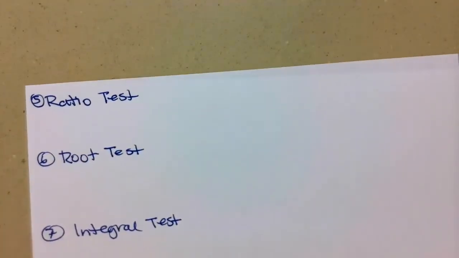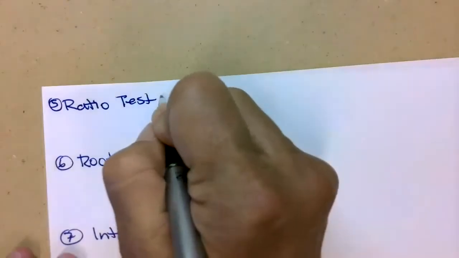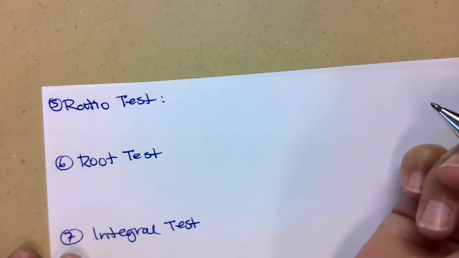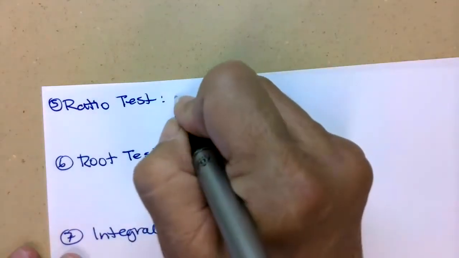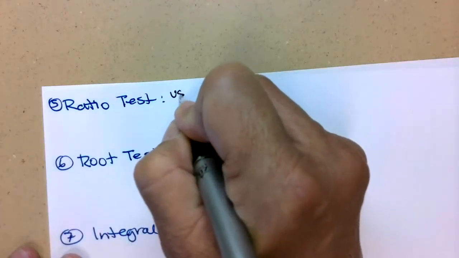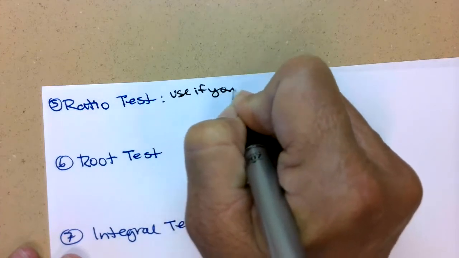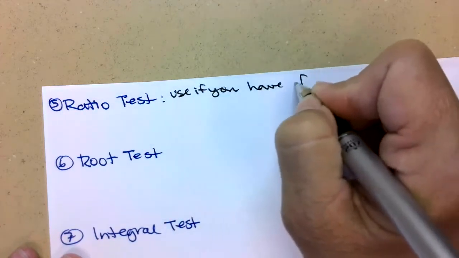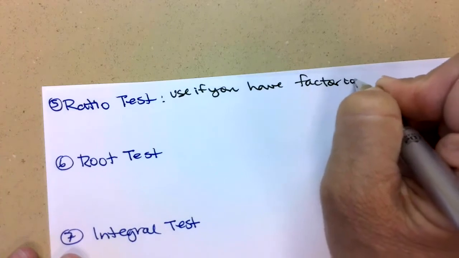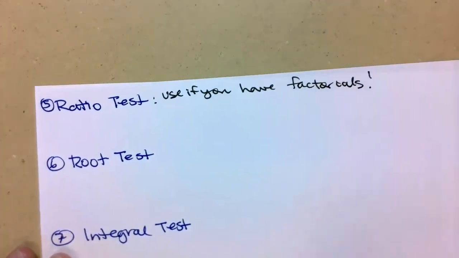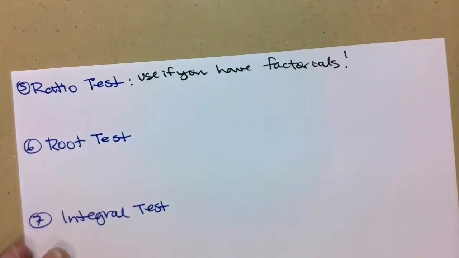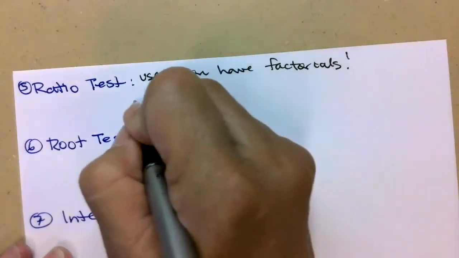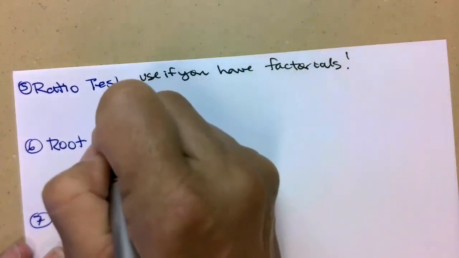Okay, so there's 4 tests. I have 3 more. Okay, so for the ratio test, this is super helpful if I've got any kind of factorial. I always use this one if I've got any kind of factorial. So use if you have factorials. Right, factorials are the exclamation part. Because what you're looking at, again, is another limit.